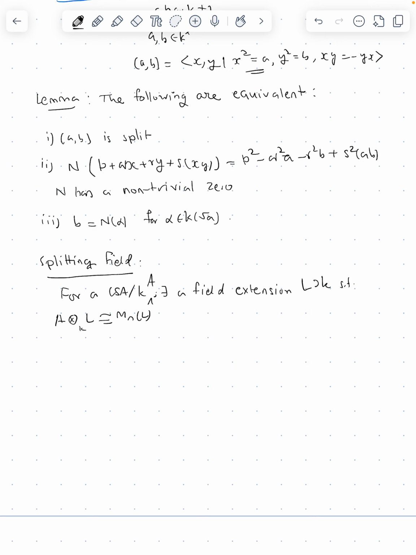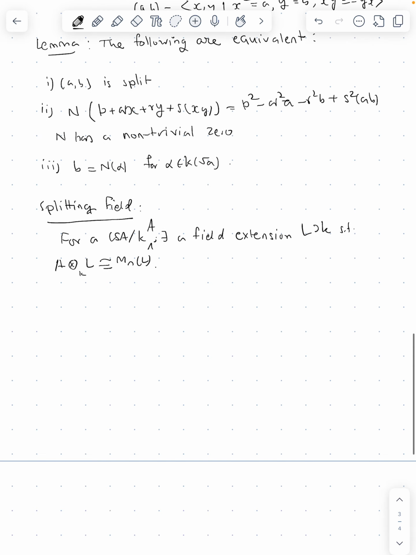The existence of such a thing is obvious, because one may go through the algebraic closure or the separable closure, because then there are no division algebras over it. That is called a splitting field because A tensor L is the identity element in the Brauer group.